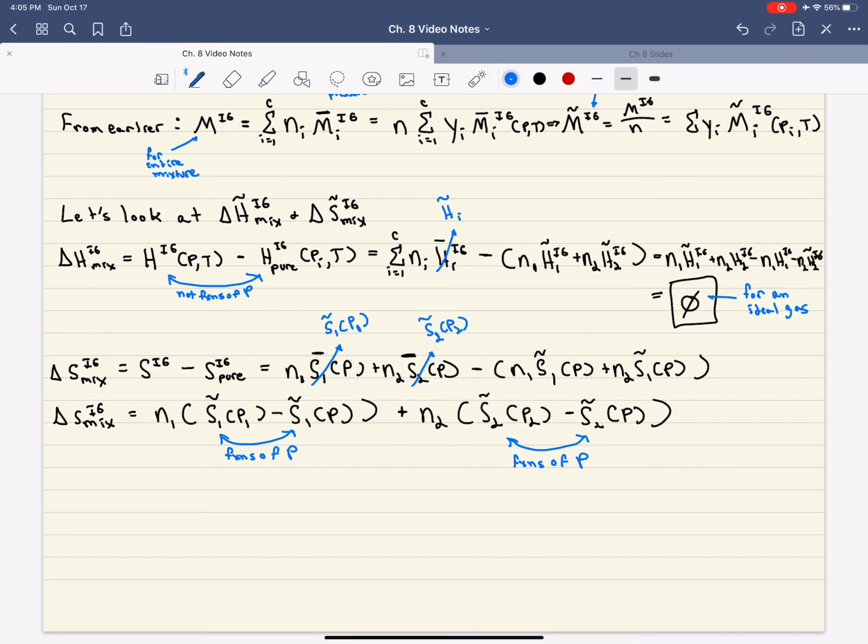All right? To figure out what that value is, the approach we're going to take is we're actually going to use the fundamental entropy equation. So we'll use the fundamental S equation to find Si at Pi minus Si at P. Okay, so let's go do that.